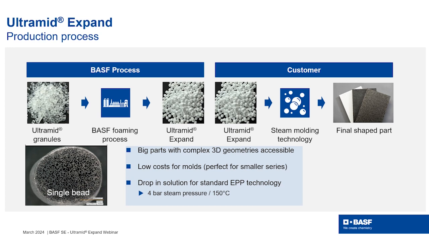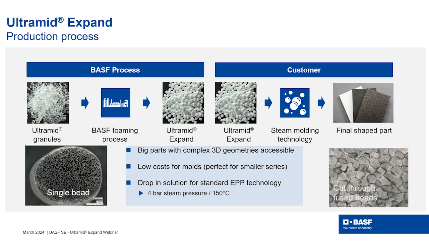That means you basically also can work with the same steam pressures of roughly 4 bar, which you also use for the fusion of EPP. And on the picture on the right side, you can then see a cut through the foam beads. Here you can nicely see that the former single beads are fused together to a closed cell foam structure.